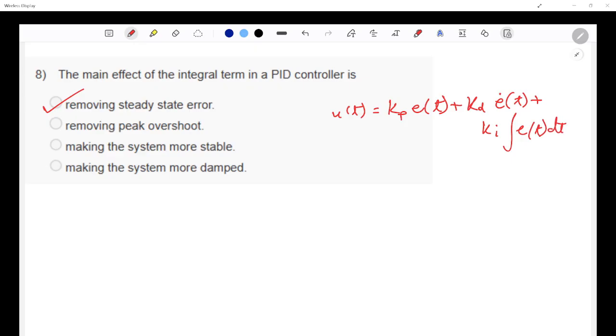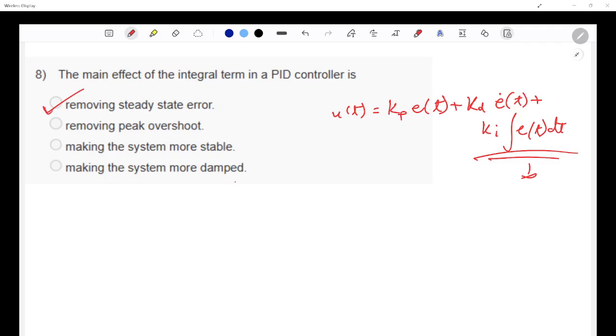The integral error keeps accumulating. If the error is there, the control input increases and it forces the error to 0. So integral action eliminates the steady state error.